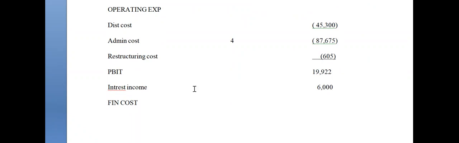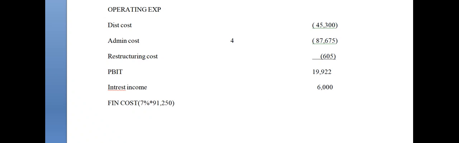What's the 7% of 91,250? 6,388. Okay, 388, yes. 7% of 91,250.